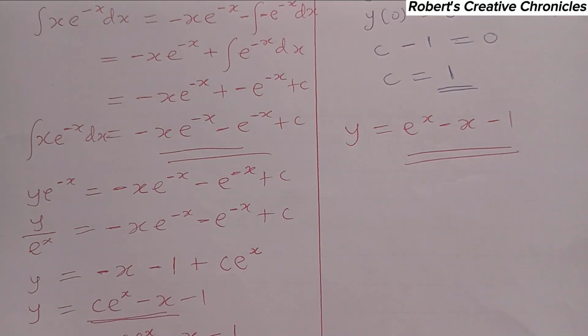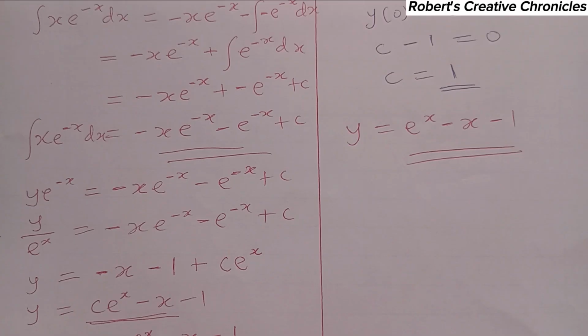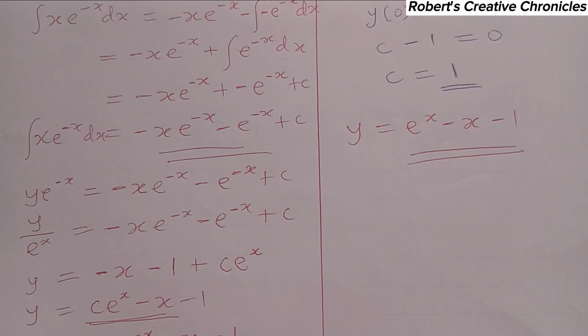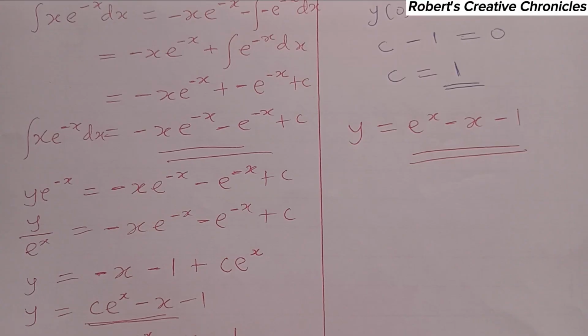Now, what I want you to know in solving initial value problems is that you have to know how to solve all the types of differential equation. Be it Bernoulli, homogeneous, non-homogeneous, exact, linear, all of them. This one is a linear. You have to know how to solve all of them, because you'll be given any equation to solve for an initial value problem.